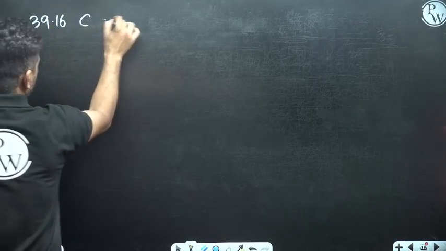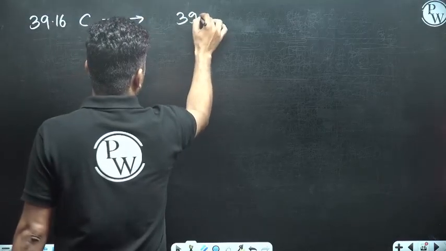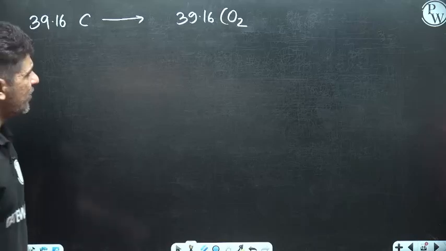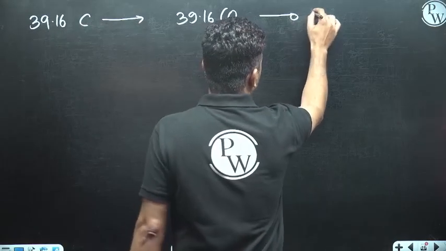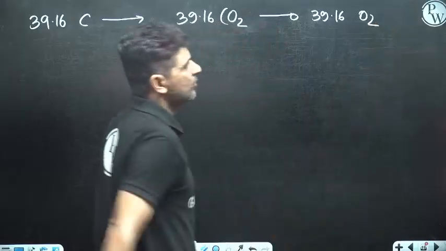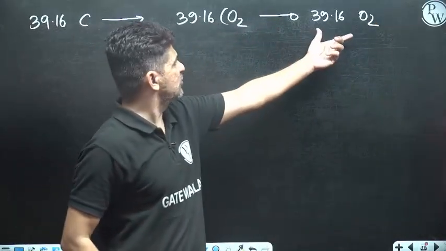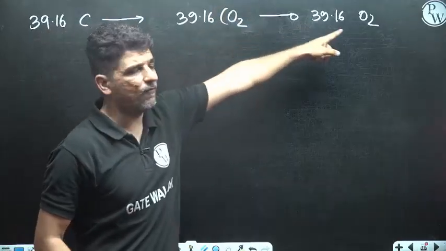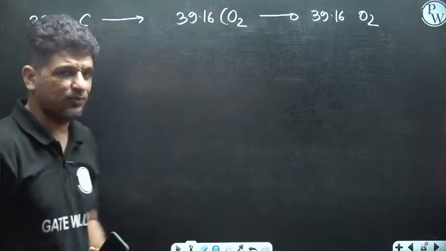This will be converted into 39.16 moles of CO2. So from here you will require 39.16 moles of O2. Why? Because 1 mole of carbon will use 1 mole of O2. So 39.16 moles of O2.